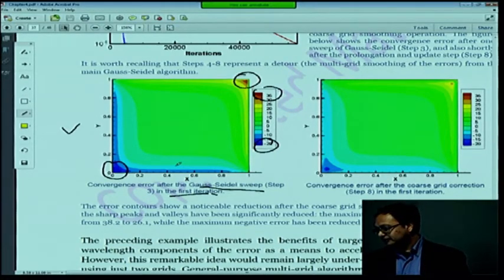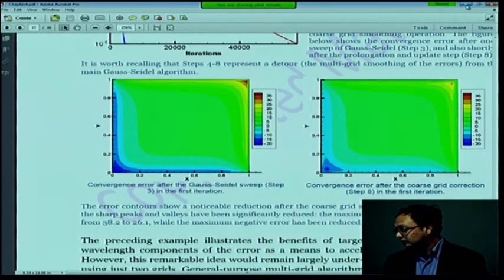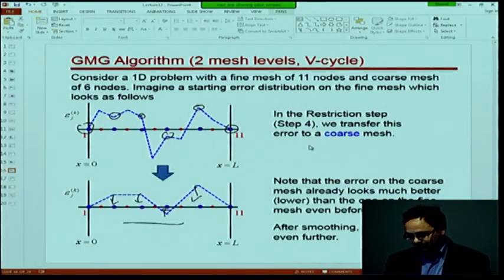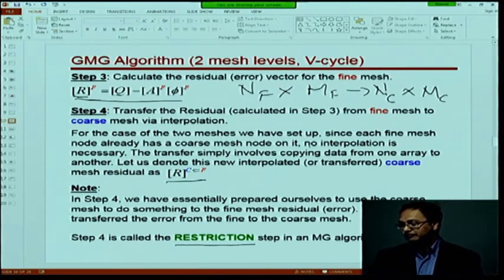So if you look at that, let's just go back to our algorithm once to look at what those steps were. So step 3 was solving on the fine mesh. Okay, so the left-hand contour plot that I was showing you was after you do one sweep of solution of this equation. Actually it's step 2.